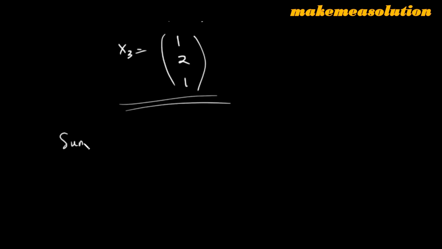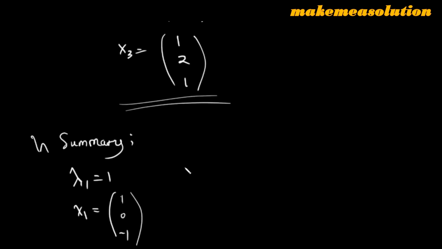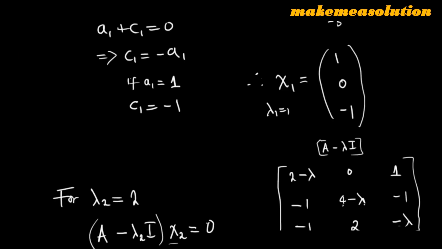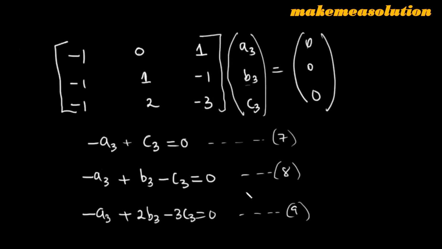Let's just summarize. In summary, we have lambda 1 equal to 1, and our eigenvector corresponding to that was, I guess, 1, 0, minus 1, if I can still remember. Then we had lambda 2 equal to 2, and the eigenvector associated with that was 2, 1, 0, right?